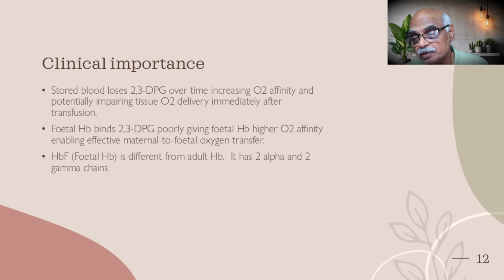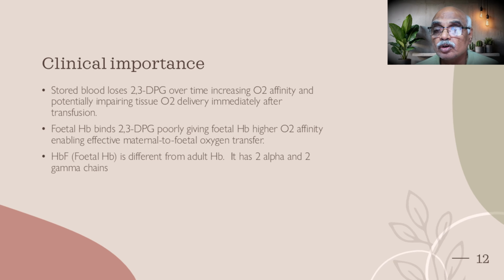This feature helps the fetal hemoglobin to suck oxygen from the maternal blood. So effective maternal to fetal oxygen transfer occurs because the fetal hemoglobin binds 2,3-diphosphoglycerate very, very poorly. This should be borne in mind.